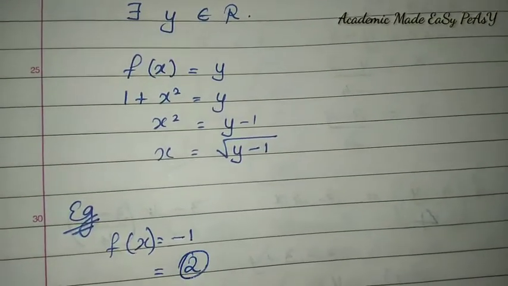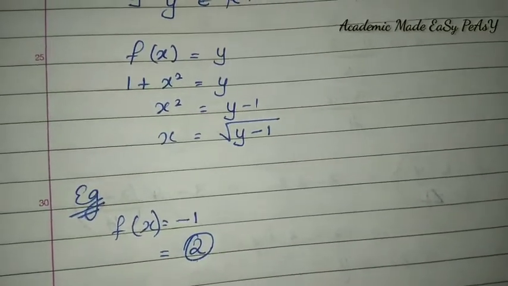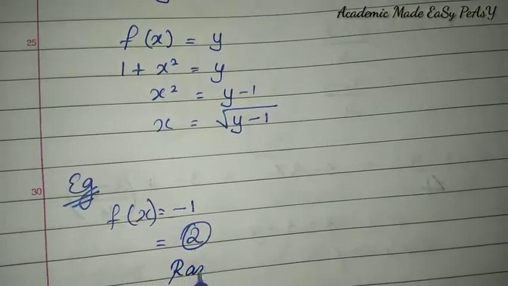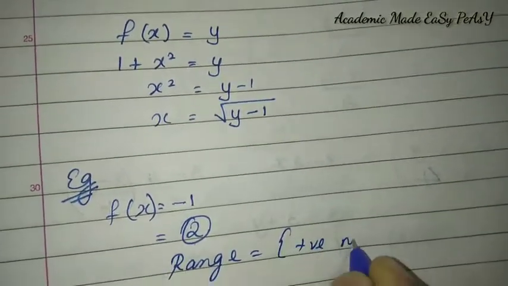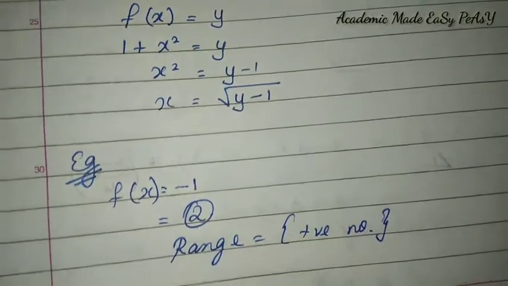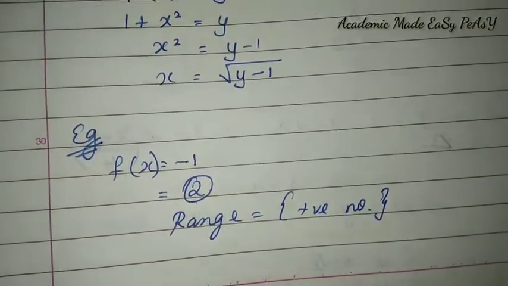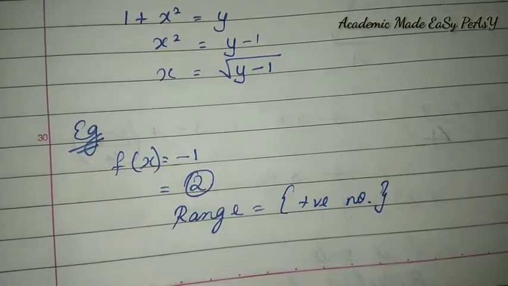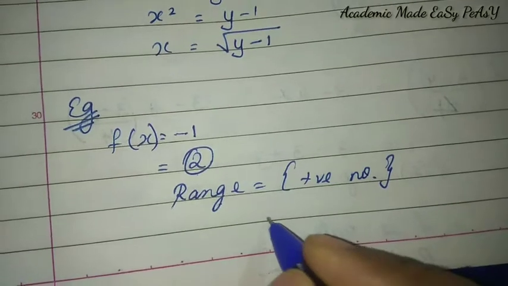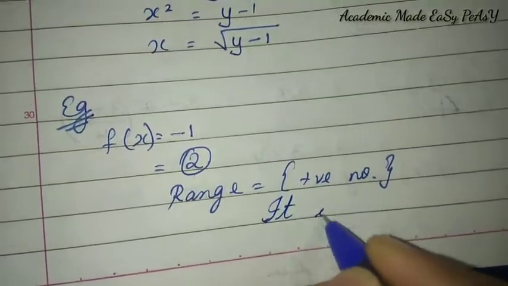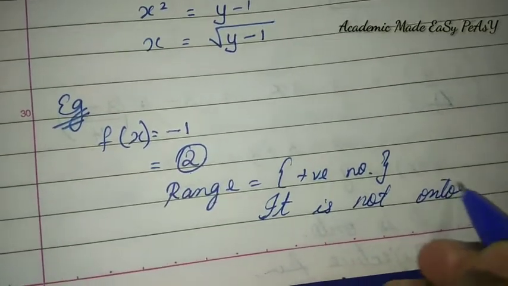So everything is positive. Whatever number we take, we will get it in positive. So the range will be positive numbers. In the codomain, negative numbers as well as positive numbers are there. But in the range, only positive numbers are there. So we will say that it is not onto also.